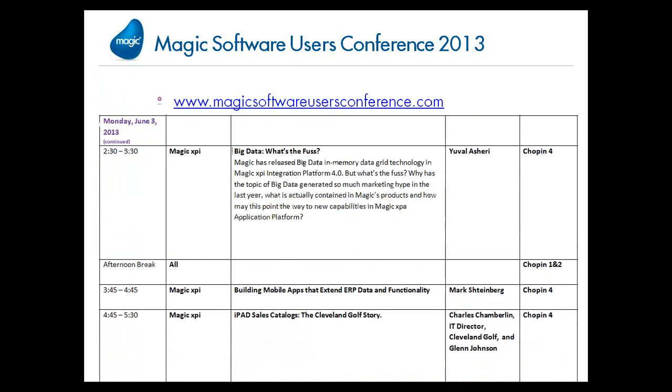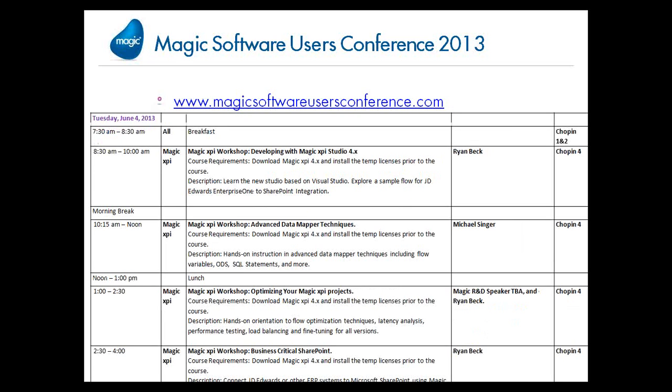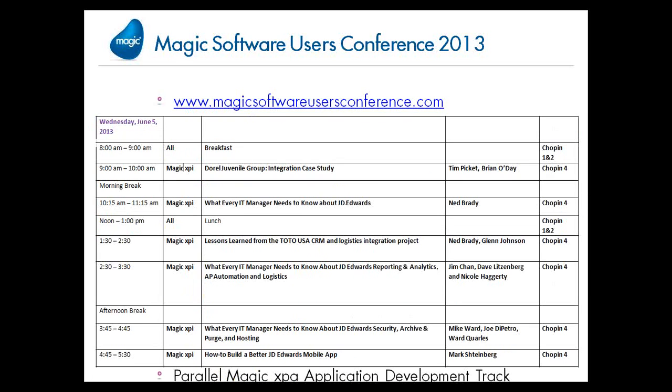We've got a detailed agenda: there's a half day of general sessions, and then it's all Magic XPI track. We'll be looking at big data. We'll be looking in detail at the iPad sales catalog, the Cleveland Golf story, and building mobile apps that extend ERP data and functionality. We'll have workshops on the second day on Tuesday: developing with the Magic XPI Studio, advanced data mapper techniques, optimizing your Magic XPI projects, working with business critical SharePoint.